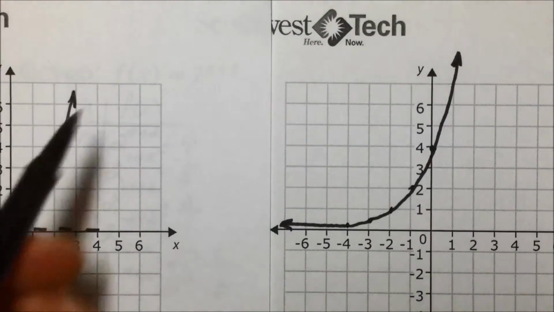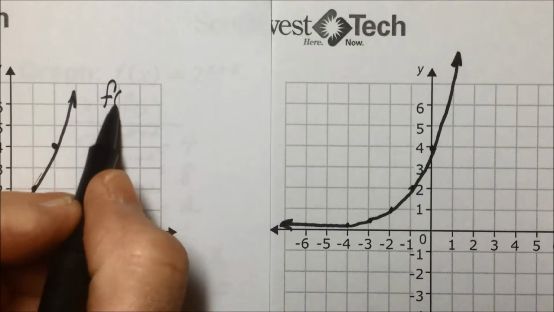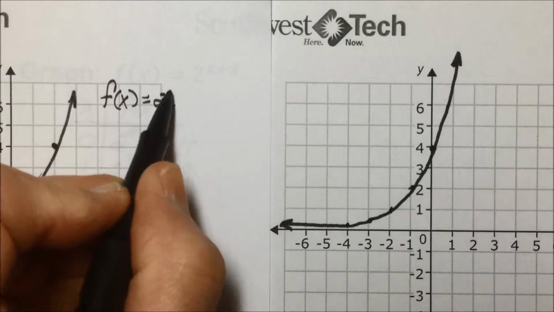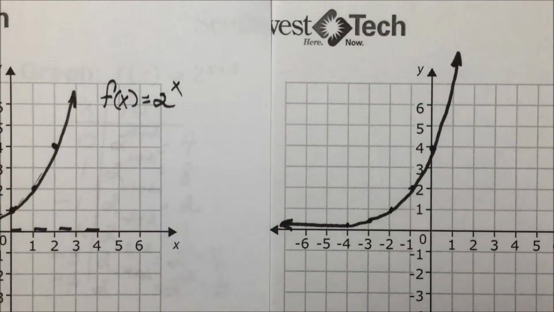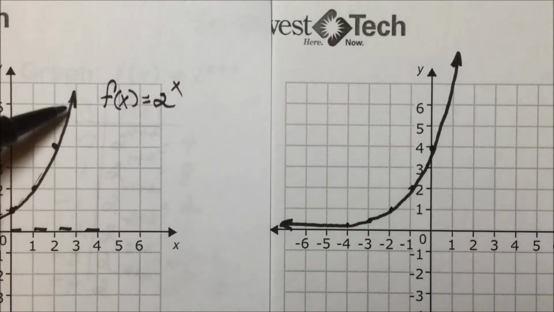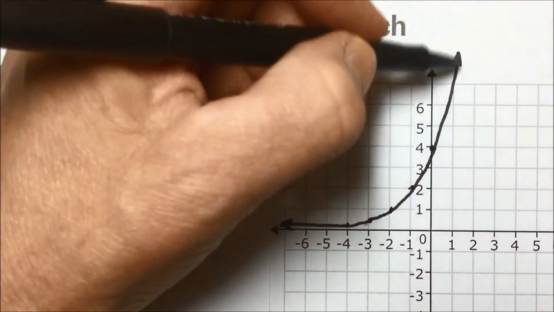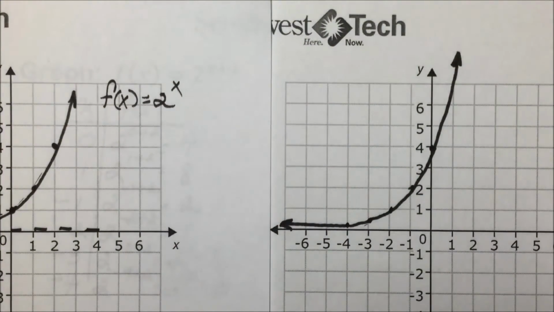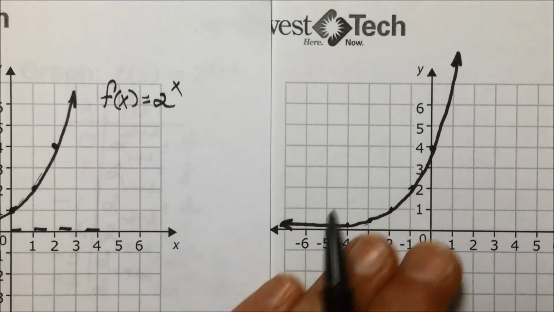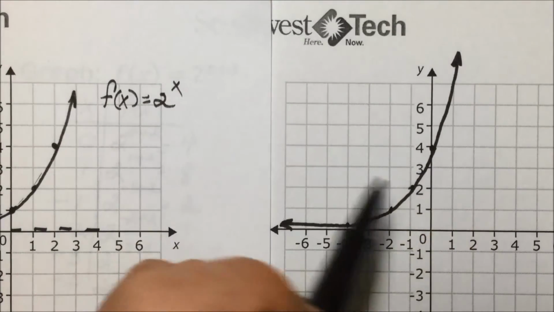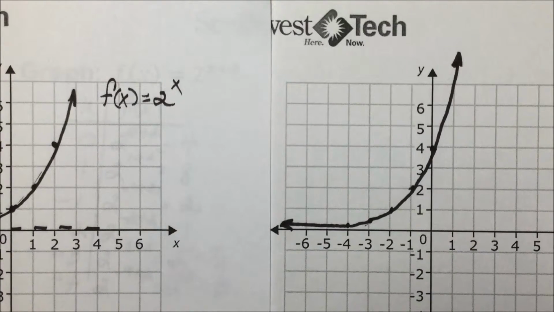This is the generic f of x equal to 2 to the x power, and we have x plus 2 in our exponent, seeing that it is going to increase faster on our function having an additional value in the exponent.